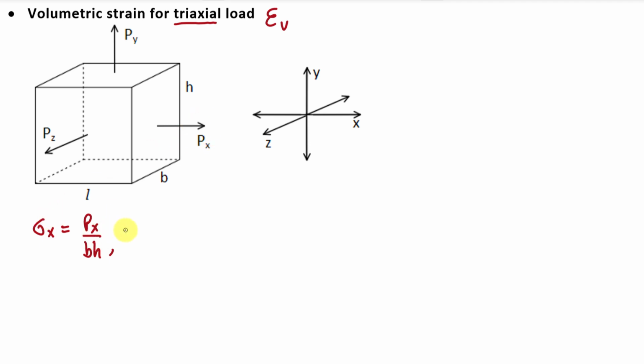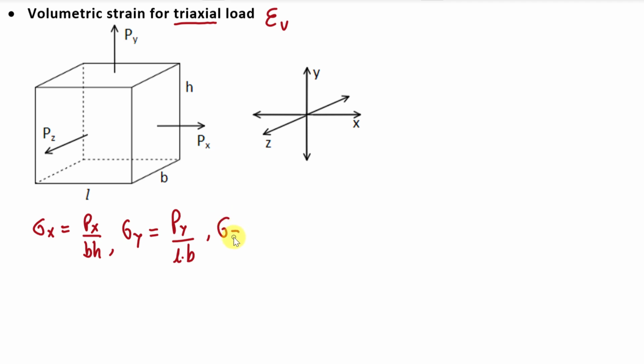Now what is the value of stress sigma y in y direction due to this load Py? It will be load Py divided by cross section area, that is this area. It will be this length L into width B, right? So it will be L into B. And what will be the value of stress in Z direction due to this load Pz?